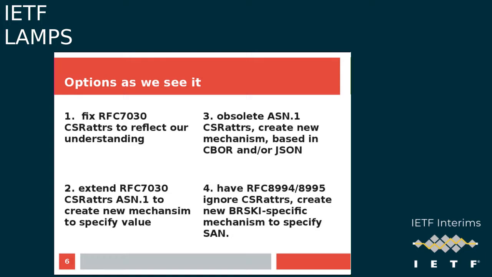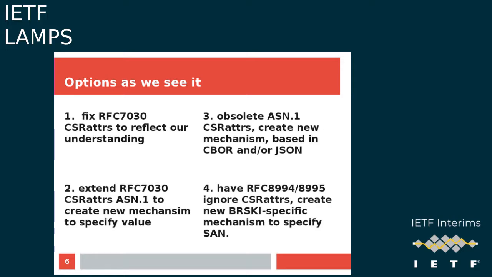Max? Sorry, I didn't have anything to comment. I've taken my hand down. Okay. Michael? It sounded like Deb was suggesting there's a whole bunch of other fixes in 7030 that some people would like to do, and so that kind of gets into a 7030 BIS, which I think is probably okay, maybe not a whole bunch, she says, but just that one.